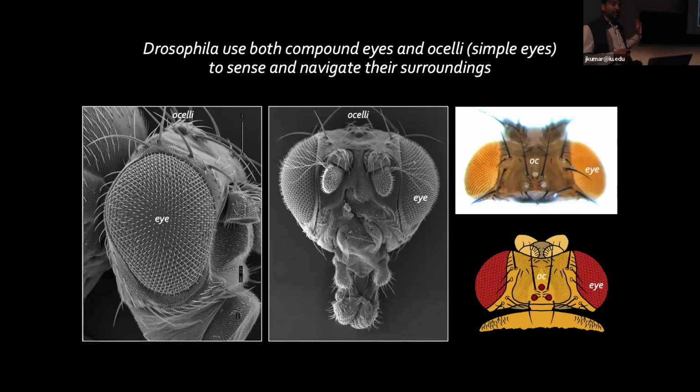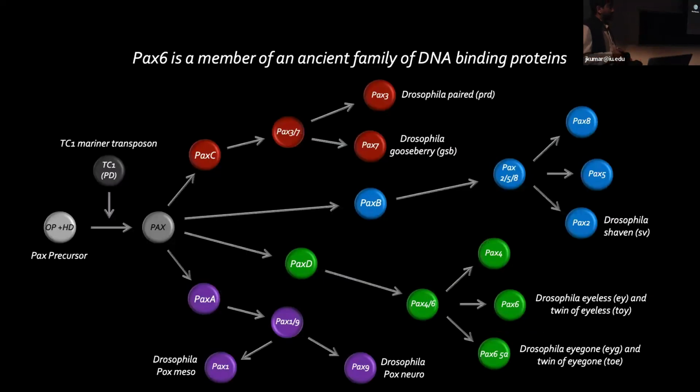One of the key stars of our talk today is going to be the PAX6 transcription factor I introduced from Walter Gehring's work. PAX6 belongs to a large superfamily of transcription factors called the PAX family. They originally started as a protein that had a homeodomain.